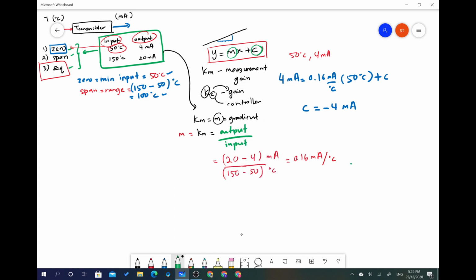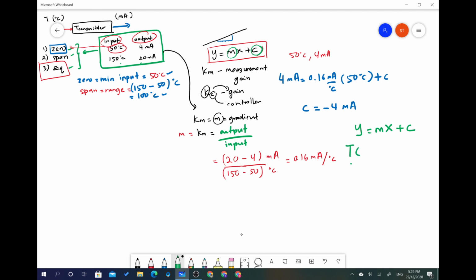Because we want to have this kind of equation, y equal to mx plus c, and here it is a temperature transmitter. Degree C is a temperature, so we just put it as a temperature.